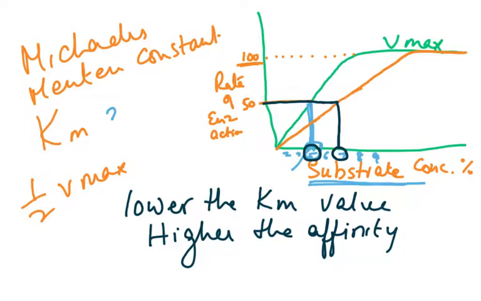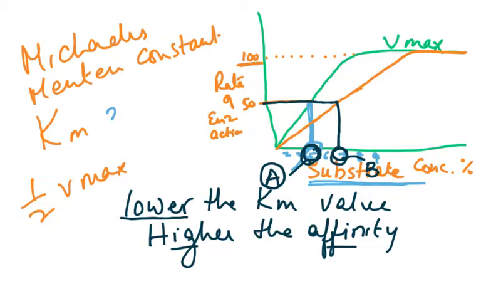So if we look at this one, which is say A, enzyme A, and then we look at this one, which is enzyme B. So enzyme A has a higher affinity because it has a lower Km. So when you look at the Km value, this is 5 and this is 7. So the lesser the Km value, the higher the affinity the enzyme has for the substrate.